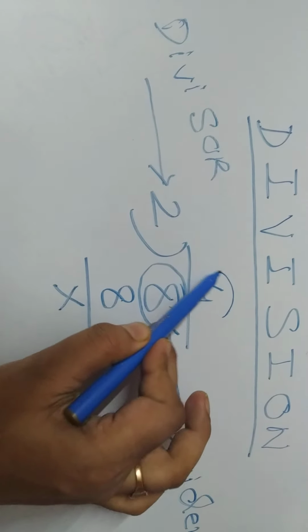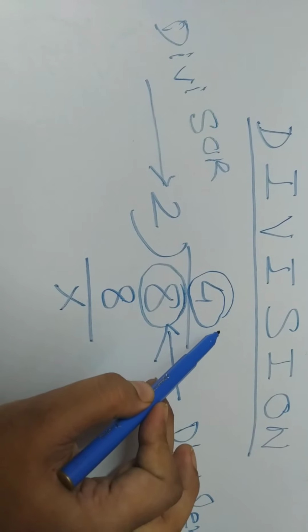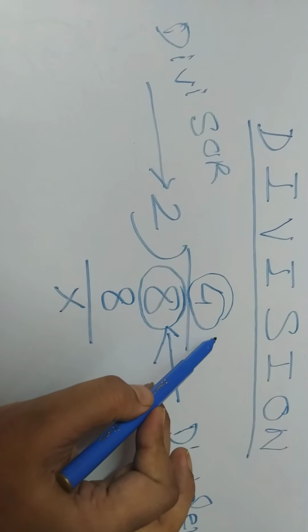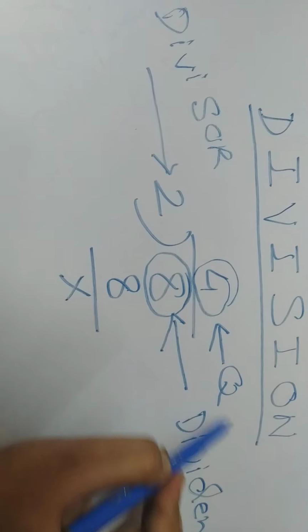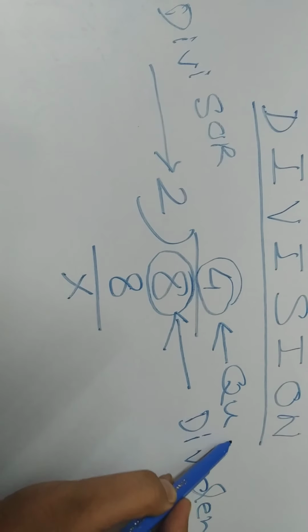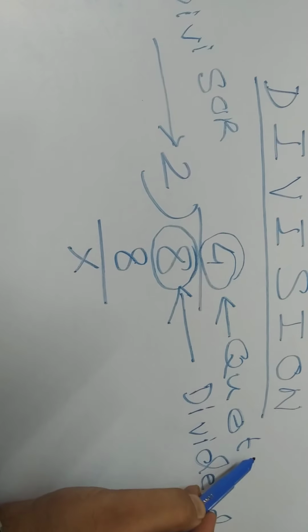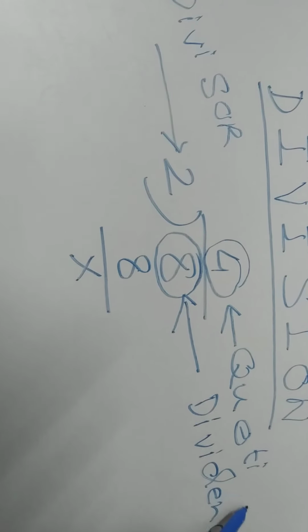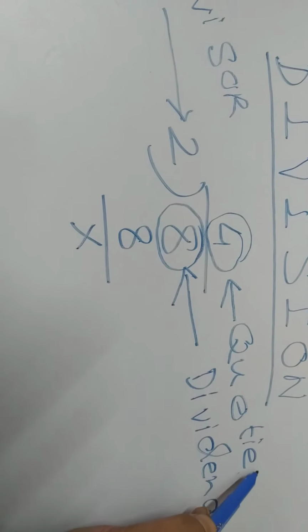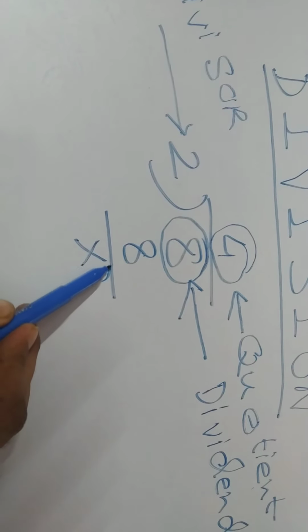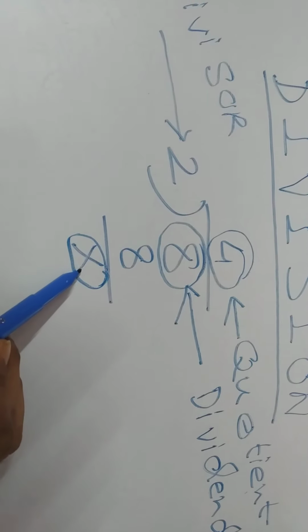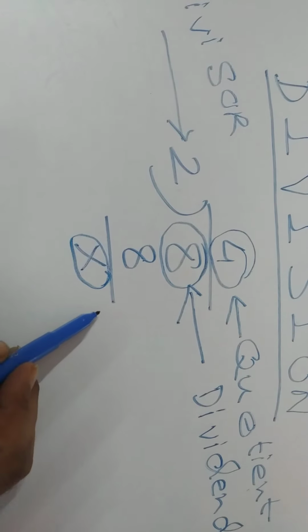Okay, and what do you find here? The result. So the result is nothing but what we term the quotient. Okay, so Q U O T I E N T, quotient. And this at the last, here it is 0 or nothing or a cross.